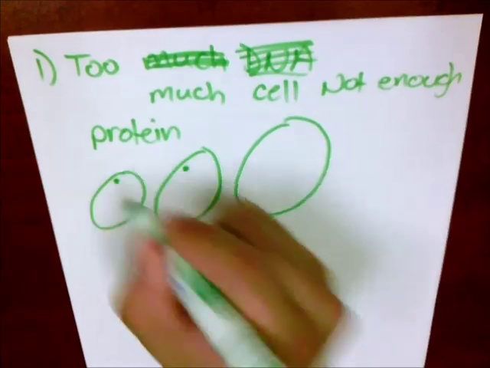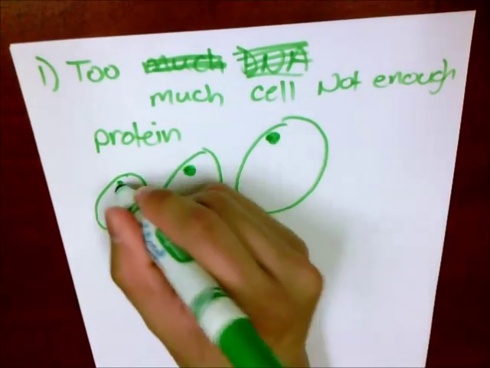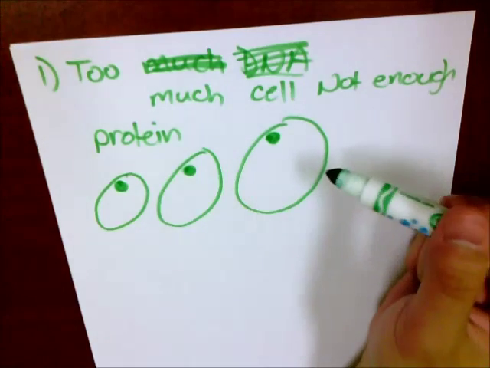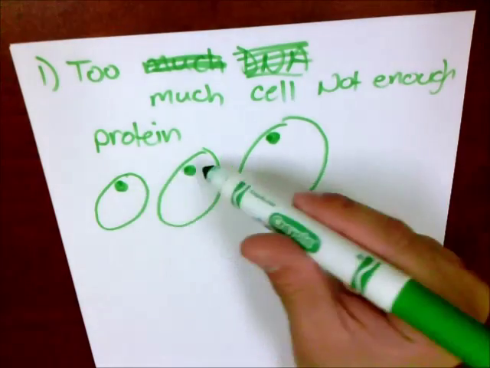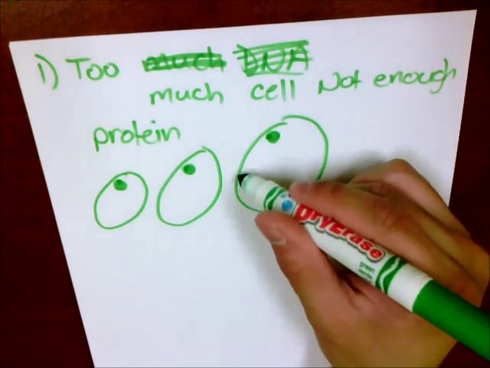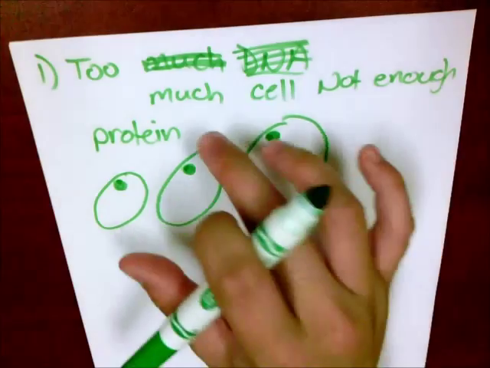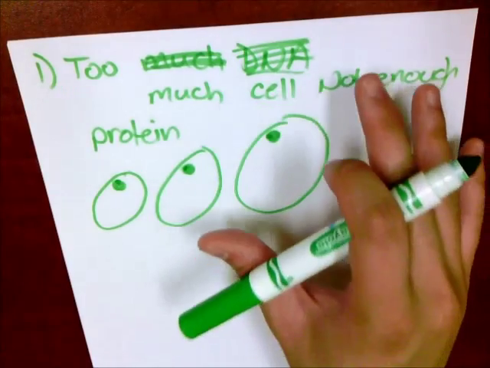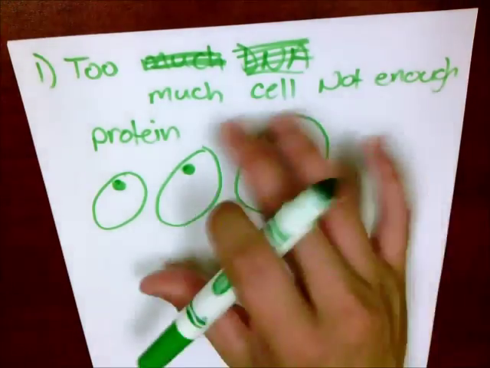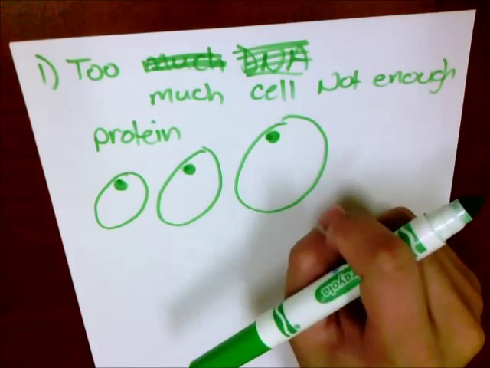So here's your nucleus, here's your nucleus, here's your nucleus. It's normally drawn a little bigger than that. Your nucleus is going to stay the same size. Your brain can't control all that body, so you have to split it apart into two different cells eventually. So you have to synthesize the DNA, and then you have to reproduce. That way, it has a consistent amount of brain to cell ratio, essentially.